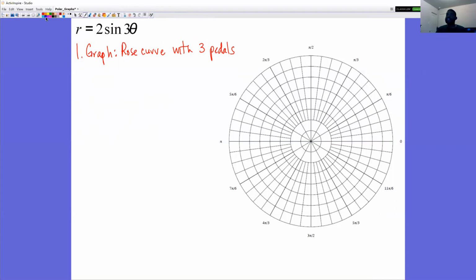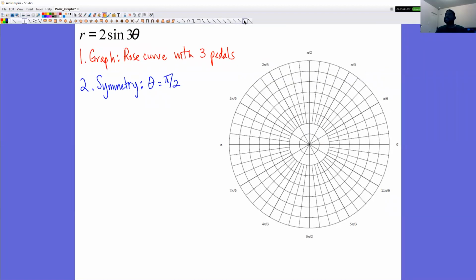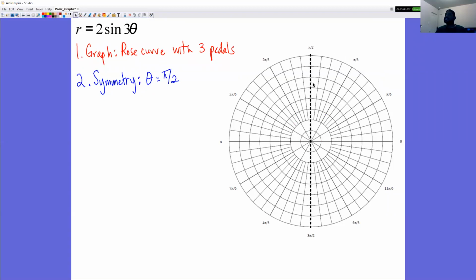Next, we're going to find the symmetry. So symmetry here, we got sine again, so we know it has symmetry with respect to the line pi over 2. So I'm going to go ahead and draw my line, because that line's going to help me as far as symmetry is concerned.